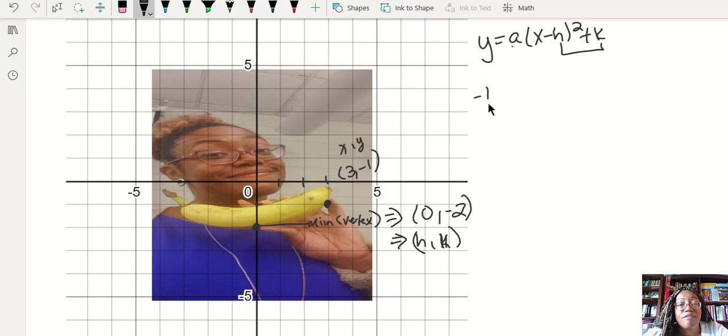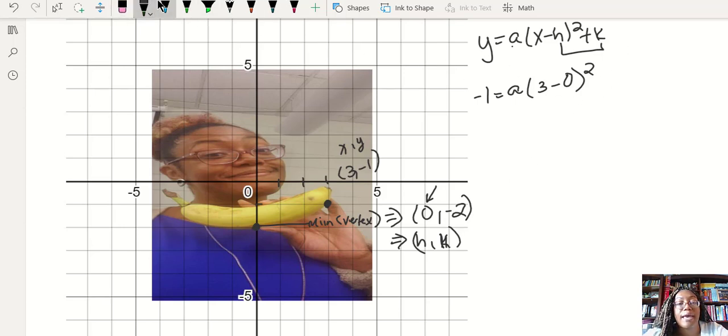So here we go. We have negative 1 equals, we don't know what A is, but that's what we're trying to figure out, A times (3 minus, what is our H? Our H is 0. So 3 minus 0) squared plus our K. Well, our K happens to be negative, so it's not going to be a plus 2.